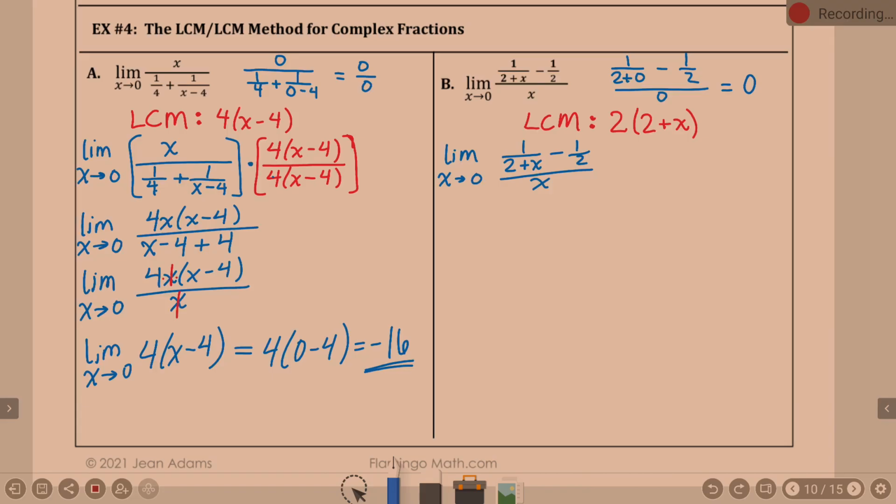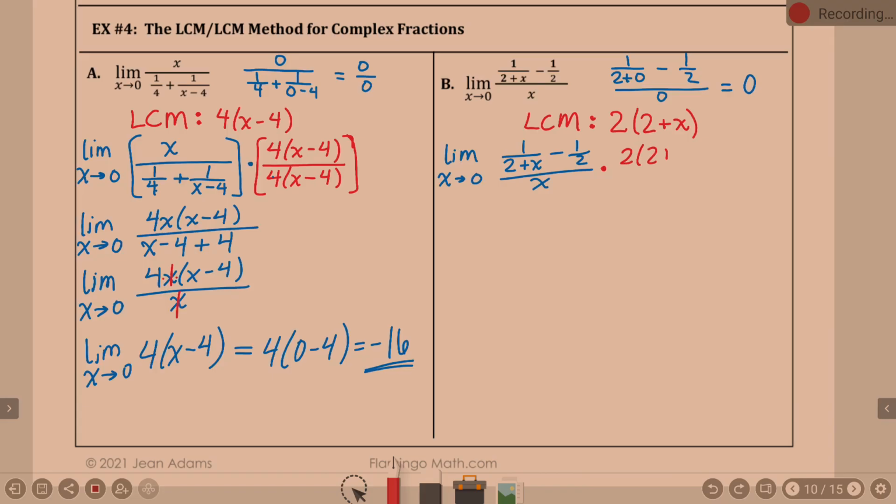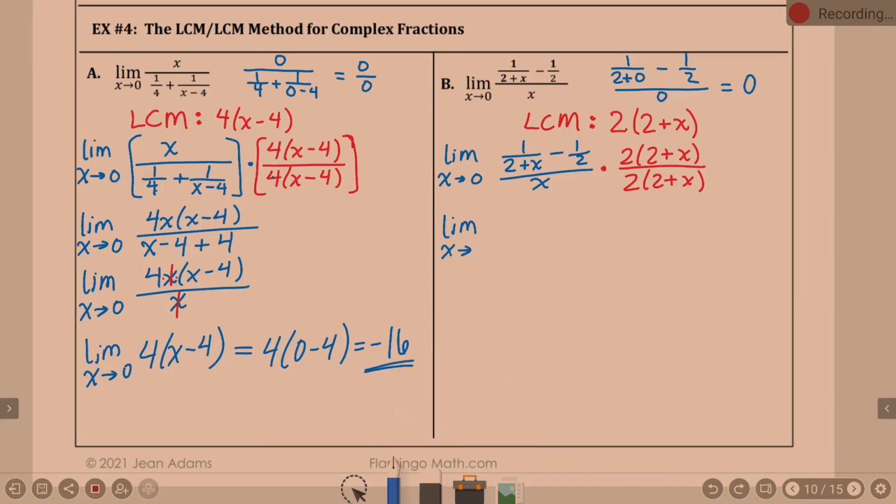And I'm going to multiply by 2 times 2 plus x over 2 times 2 plus x. So I have the limit as x approaches 0. On top, we're taking this whole piece right here and distributing it. So 1 over 2 plus x times 2 plus x. What happens? So 2 plus x over 2 plus x.